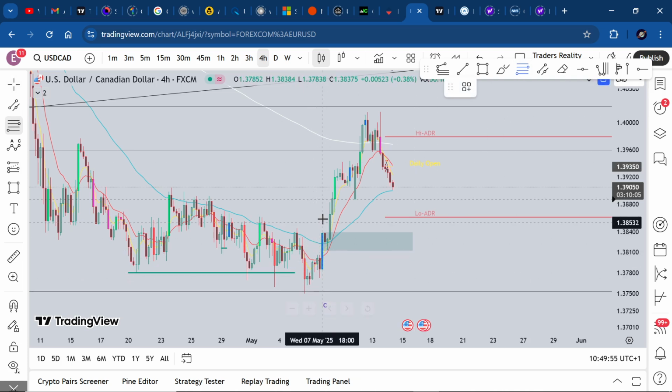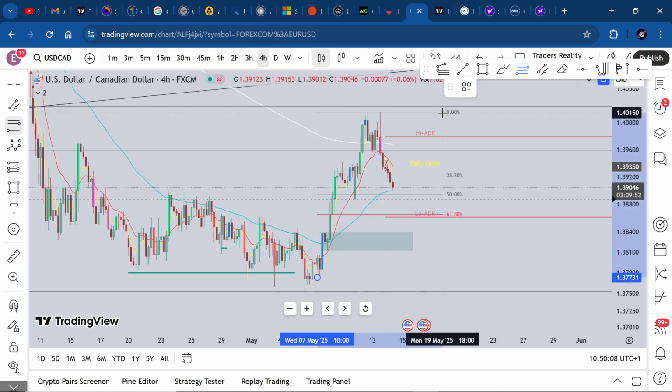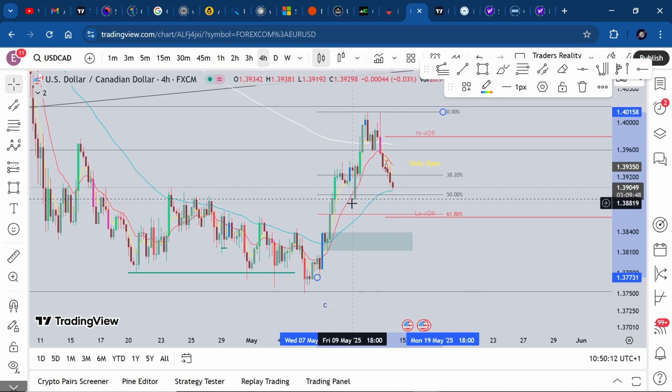If in 1, 2, 1, 2, 3, 4, 5, okay. So I want to pull my fib from this too. Actually, it would be this one. So I'd expect this low to go, not to touch the 618, and then continuation.